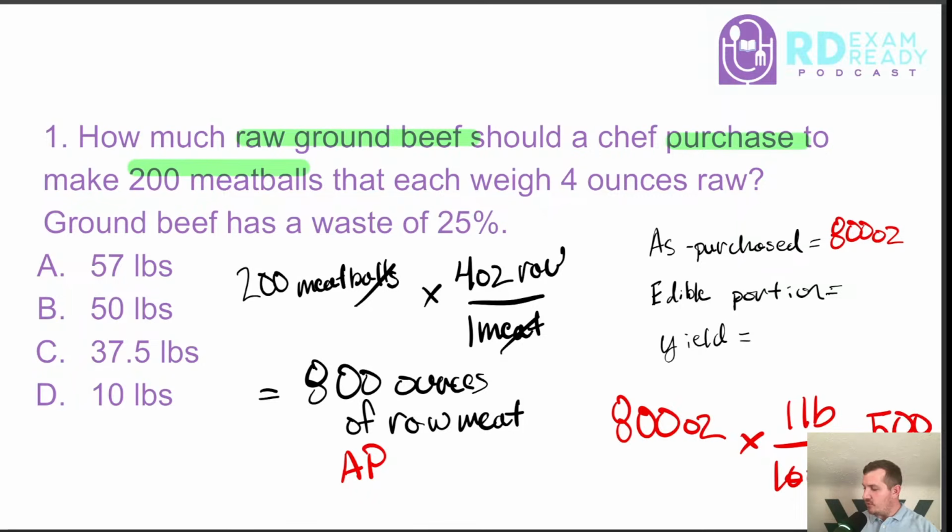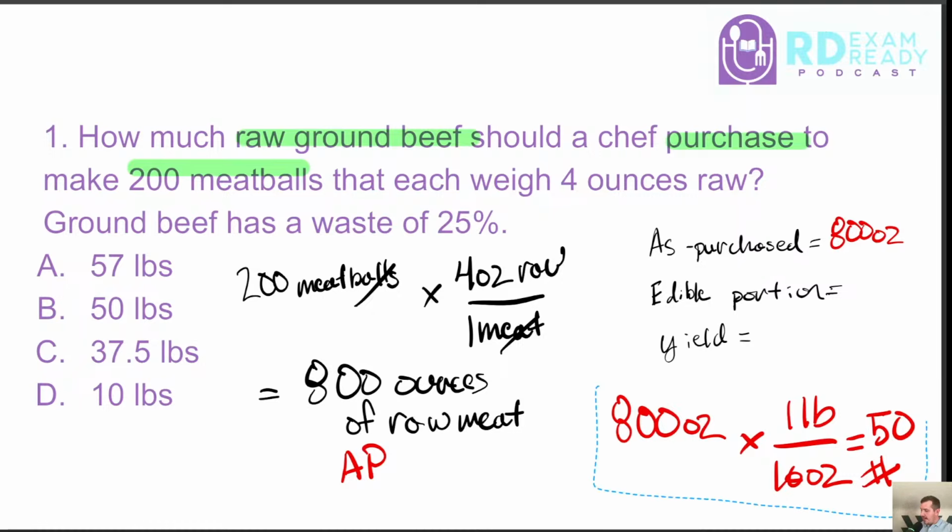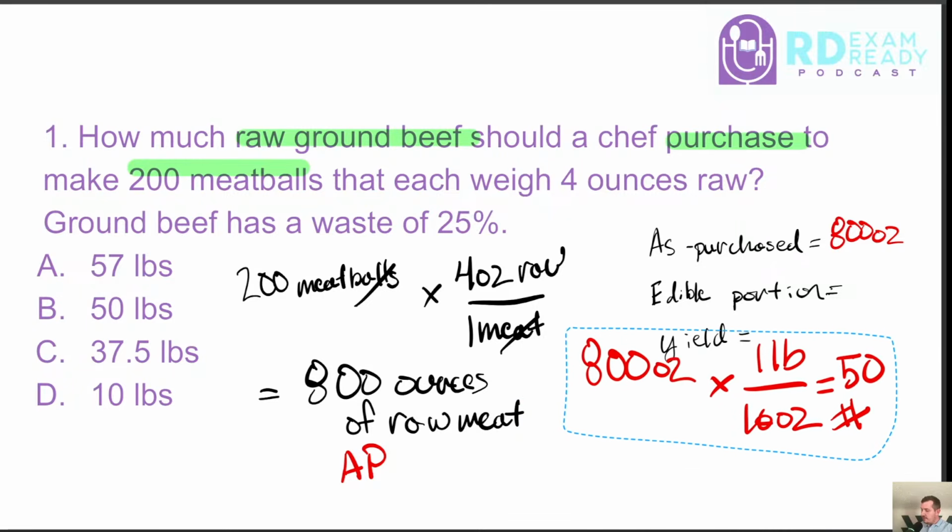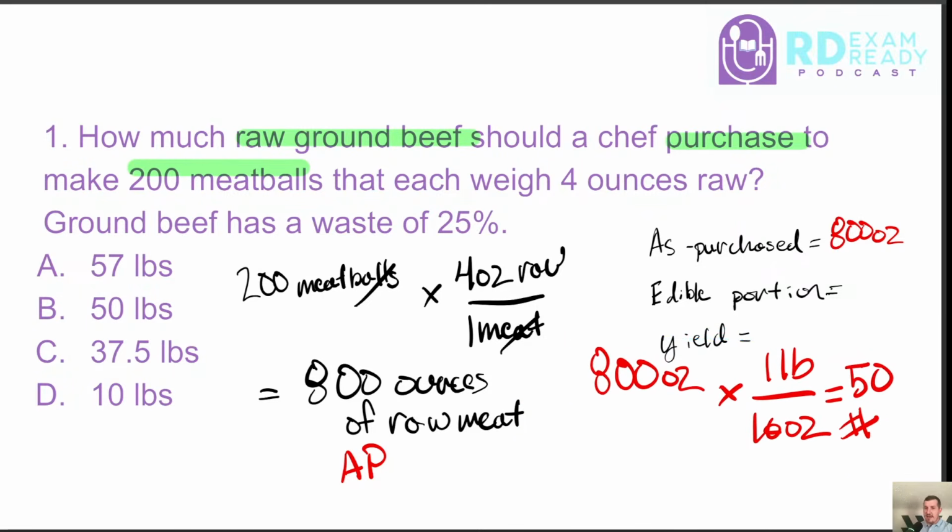If I do 800 ounces divided by 16 ounces, I'm going to end up with not 500, but 50 pounds. So that would be 50 pounds is what I would end up with as the as purchased in that example. That's going to be your 50 pounds in that case there.